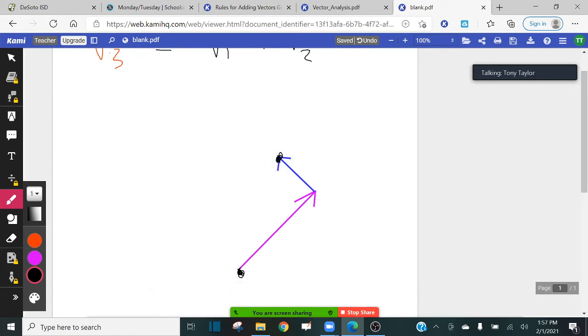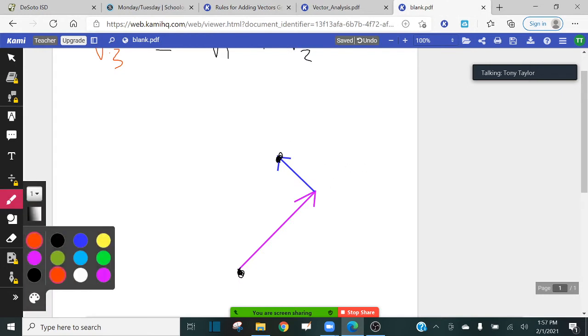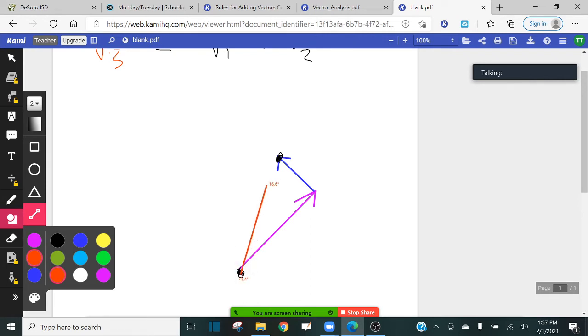Once you combine your vectors, you're going to find a starting point and you're going to find an ending point along that chain. Okay. Then step 3 says, draw your resultant vector from the starting point to the ending point. So basically, guys, we're going to connect these dots. In step 3, we're going to draw a resulting vector from this point all the way to that point.